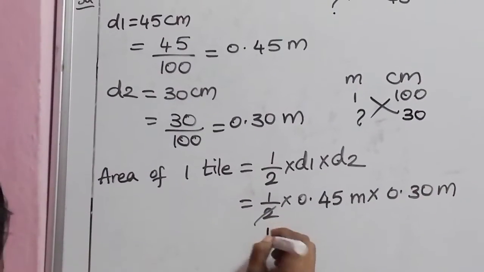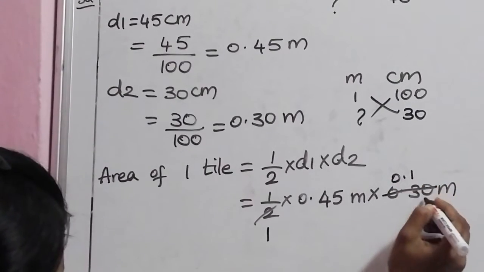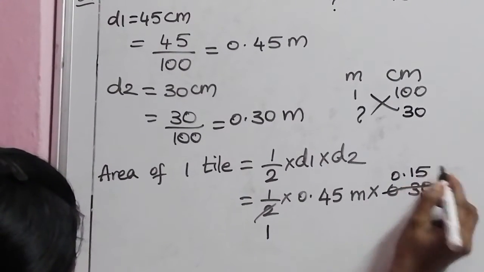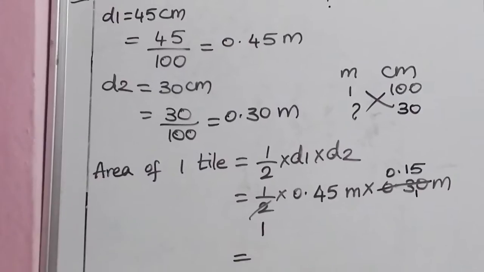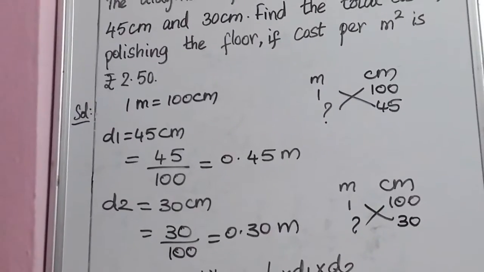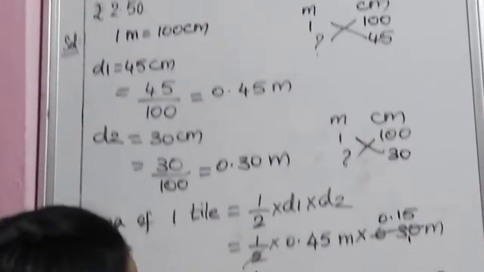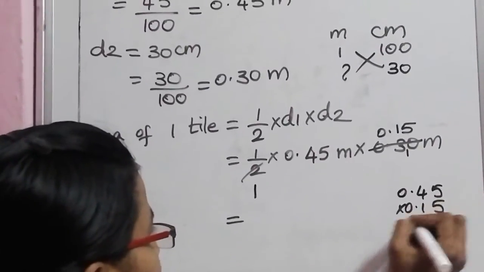Let's cancel. 2 ones are 2, 2 zeros are 2, 1 is the remainder. 2 fives are 10. So let's multiply 0.45 into 0.15.